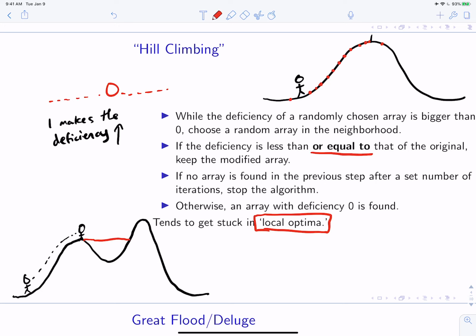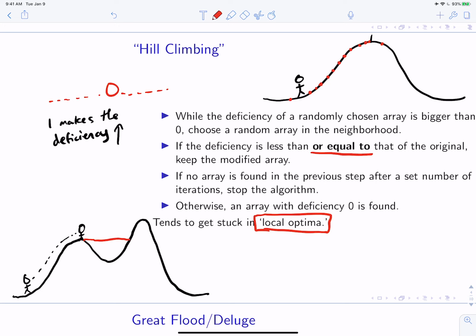Any questions on that? Yeah. How do we make it so the algorithm doesn't stop once it finds a certain number of arrays that increase the efficiency for a certain number of iterations? Like you have to specify a hard-coded number of iterations to stop.